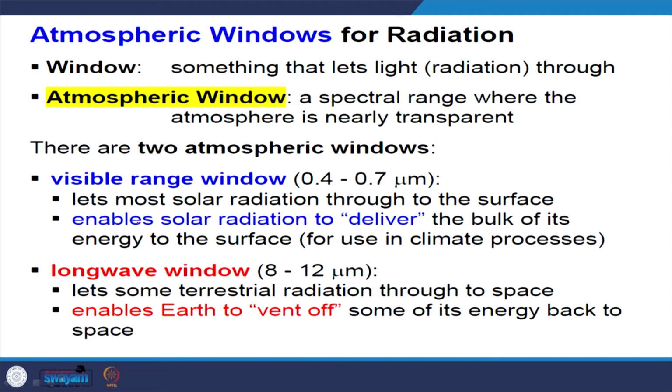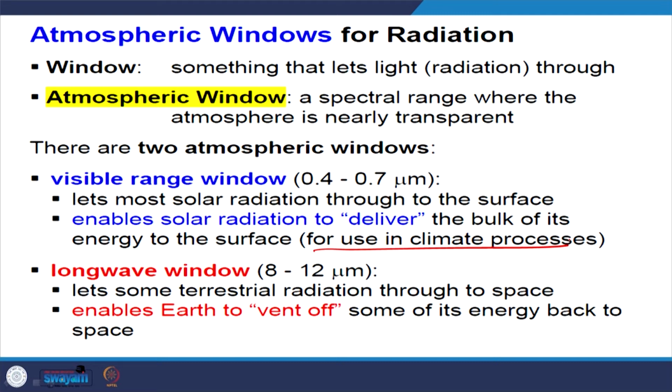There are two atmospheric windows. The visible range window lets most of the solar radiation through to the surface, 43%, enabling solar radiation to deliver the bulk of its energy to the surface for use in climate processes. Then the longwave window is between 8 to 12 micrometers.